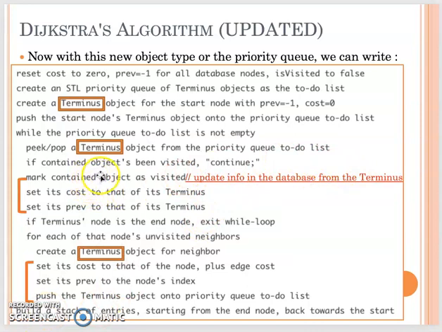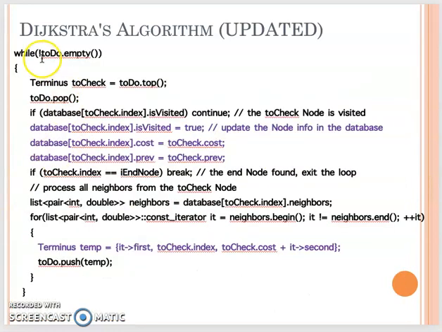When you have your considered node, you want to update the information. You need to update the database information from the terminus. That's why I want to show you the while loop. While the to-do priority queue is not empty, we will have a considered node.